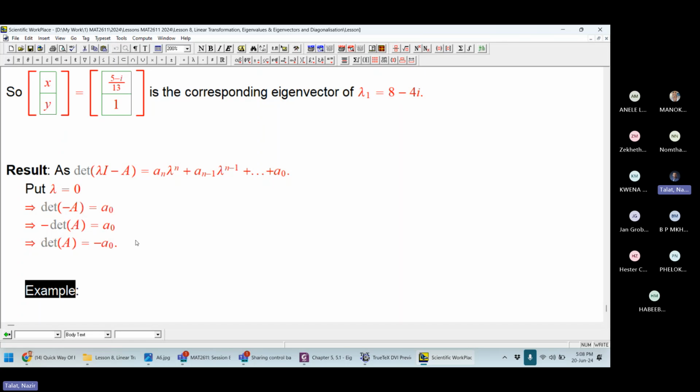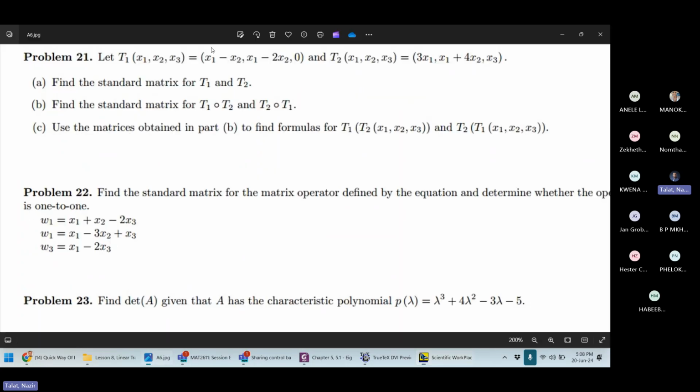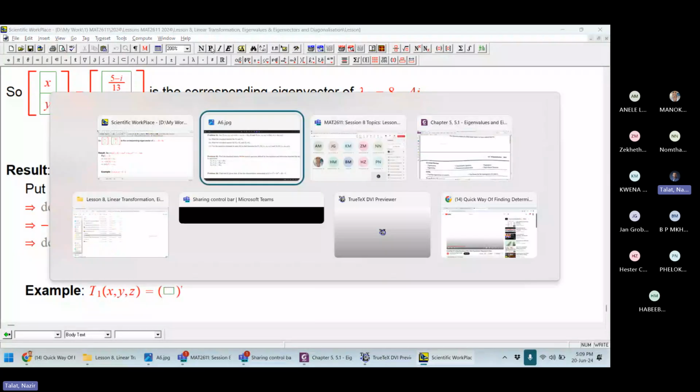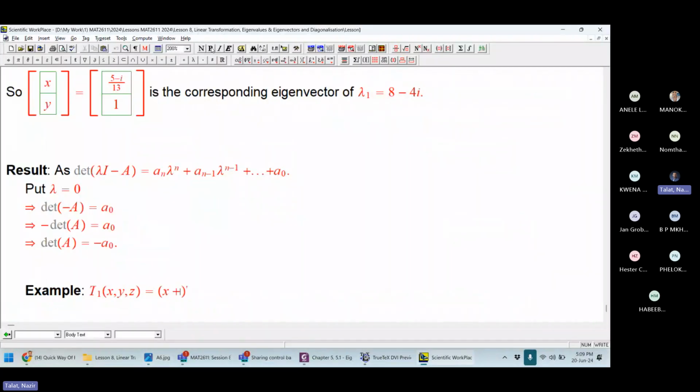Here, let's see an example. Suppose T1 is an operator, so it moves X, Y, Z, and suppose its form is X plus Y, the second component is Y minus Z, and the third is X plus 2Z. So this is the first operator.